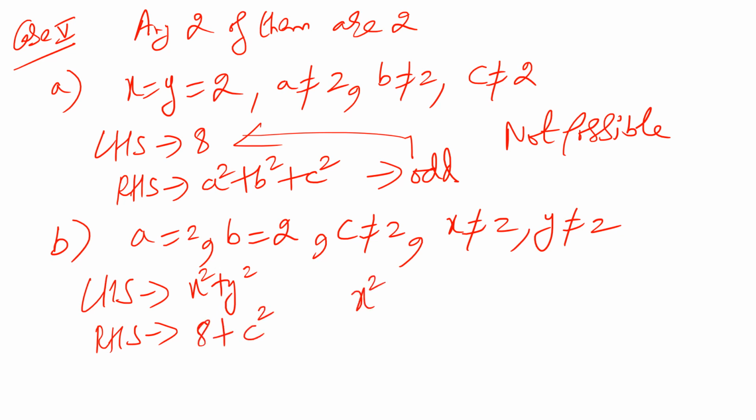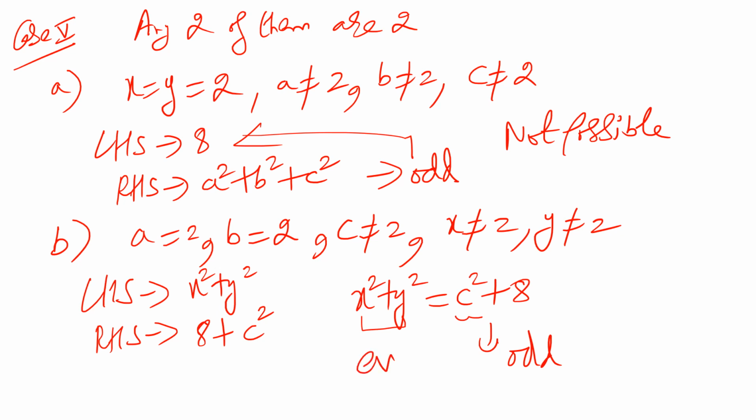Right? That means X square plus Y square is equal to C square plus 8. Now students, since C is an odd prime number, then right hand side becomes odd plus even, which is odd, and since both X and Y are again odd prime numbers, so odd plus odd is even. So that means this case is also rejected.